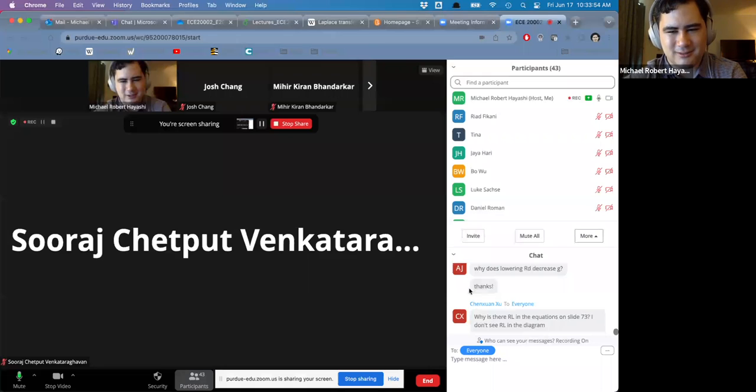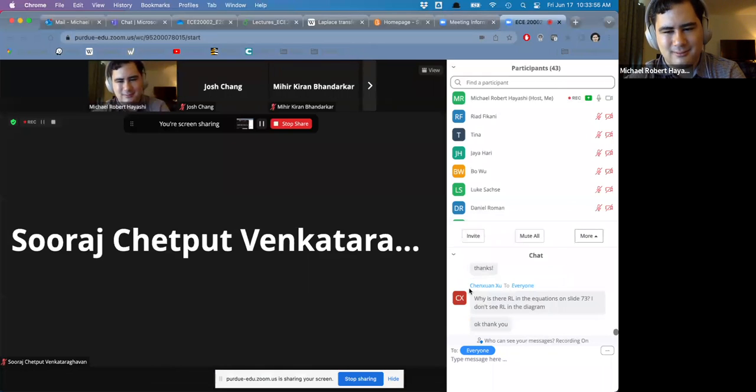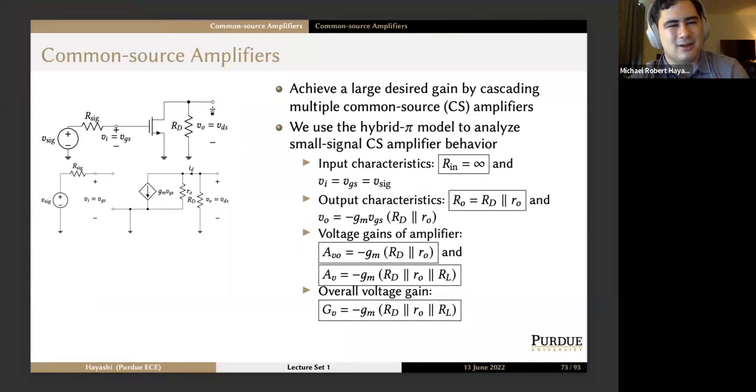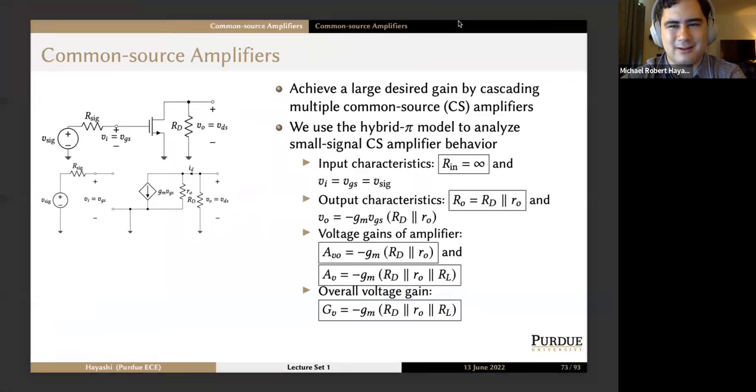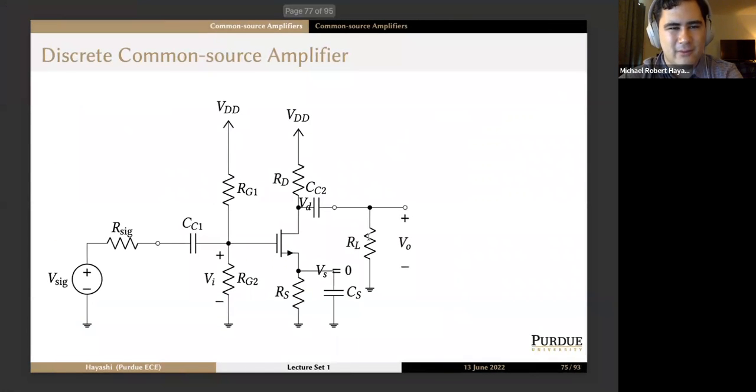Does that answer your question? Yeah. So it just clutters the diagram when you're first introducing the topic. But then when we get to the full amplifier, we show it explicitly connected because we have everything present here.